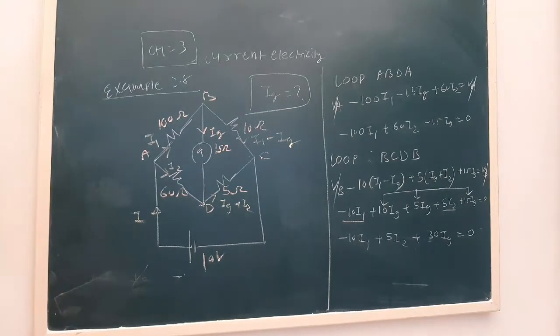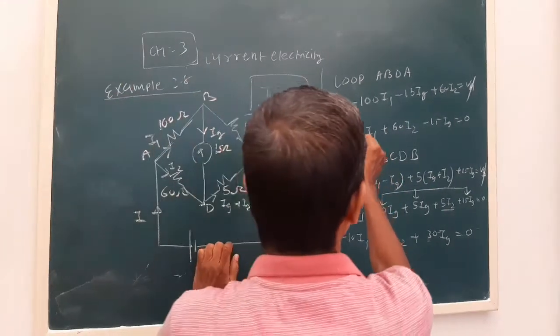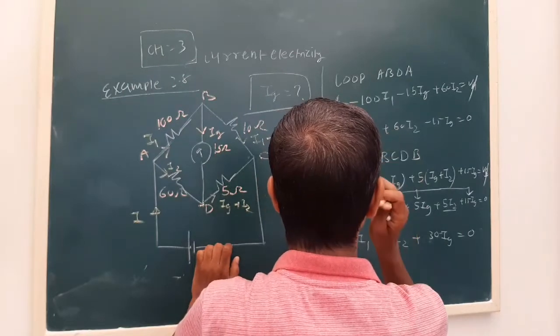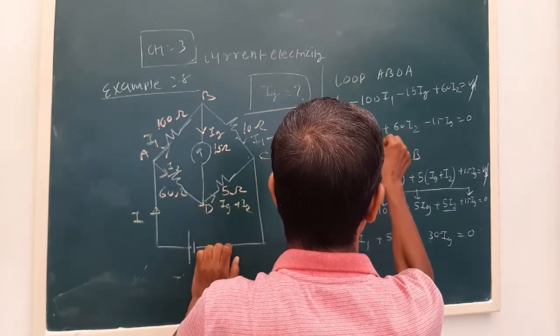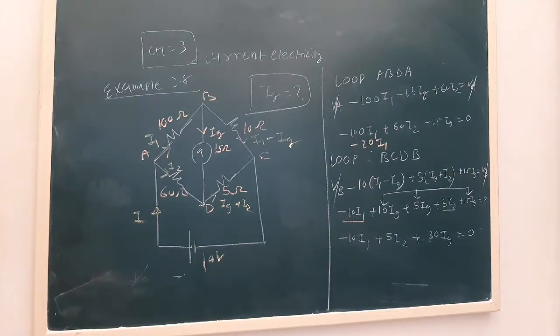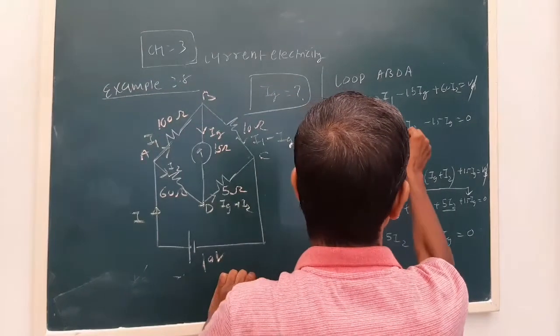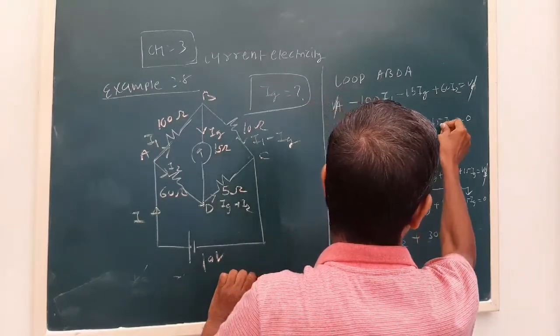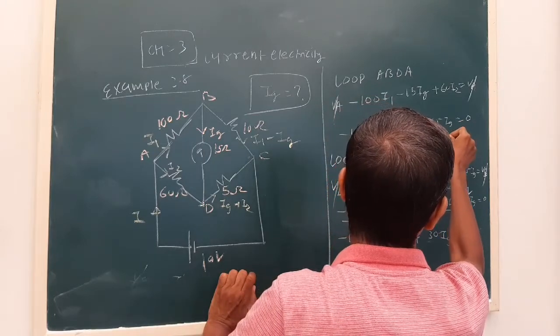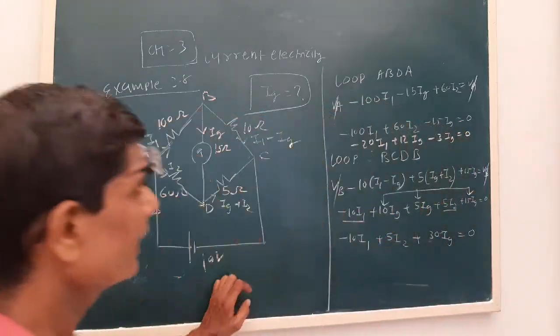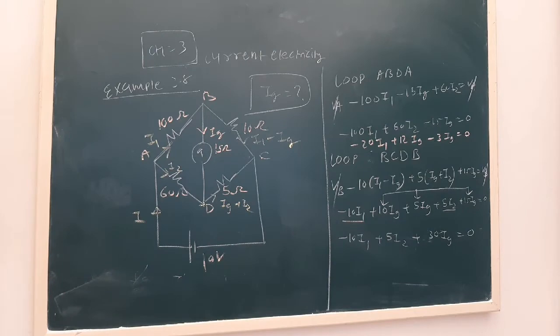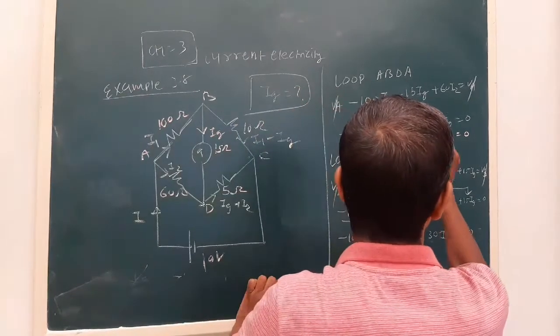All are multiples of 5, so if I divide by 5, minus 20 I1, 12 I2, and 3 Ig. So minus 20 I1 plus 12 I2 minus 3 Ig.